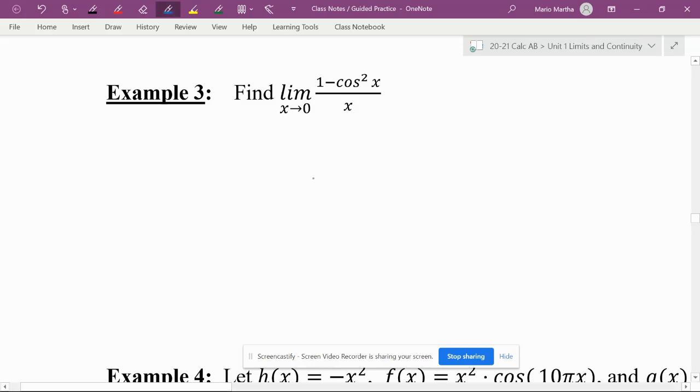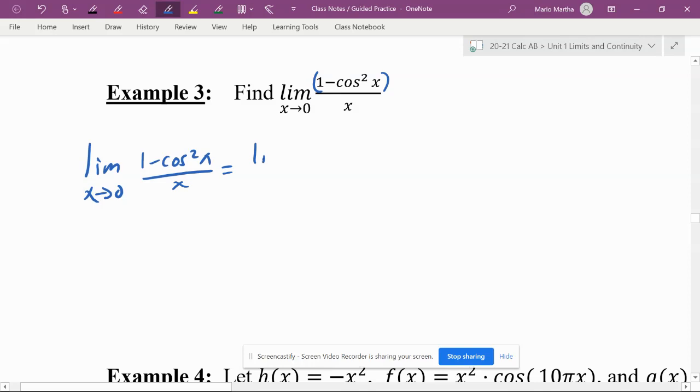So now if you notice, this may not look like it, but this is actually a difference of 2 squares. So we can take advantage of that. So I'm going to say the limit as x approaches 0 of 1 minus cosine squared of x over x equals, right?